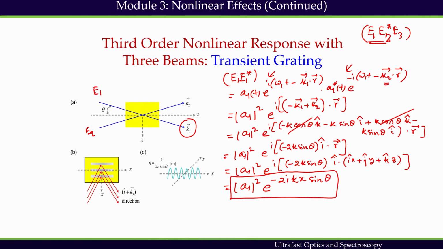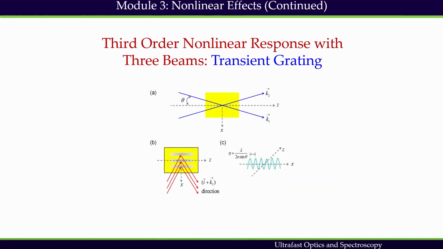Taking only the real part of this, we get A1(t) modulus squared, then the real part is going to be cos of that function, cos of 2k x sine theta.